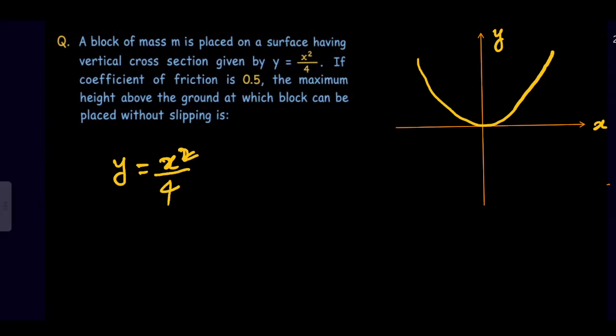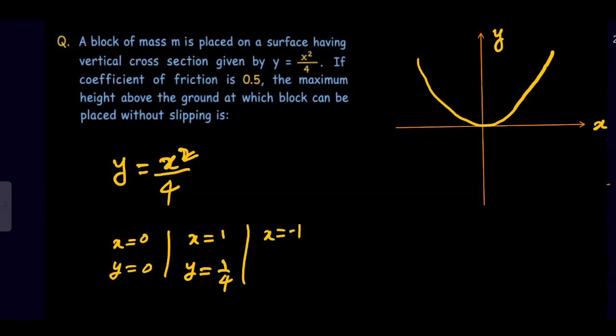So you tell me now, I can take different values for x. Let us take now when x value is 0. How much is the y value? 0. Then I have taken x is equal to 1. Then the y value is how much? 1 by 4. I have taken x is equal to minus 1.